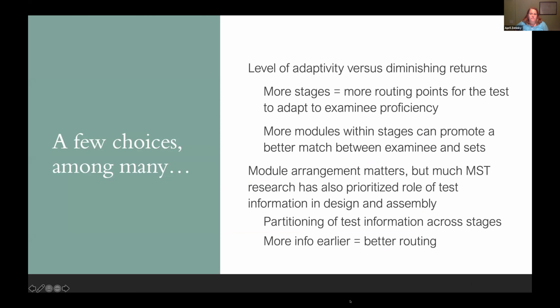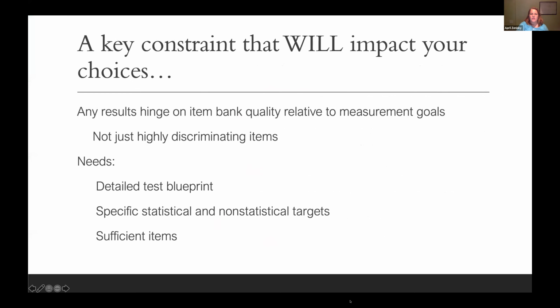You could have more or fewer modules within a stage to get a better match between the examinees and the item sets. But do you need that? It really goes back to what you are trying to do. You can choose where to put your information. Do you want that earlier in the test or later or equally distributed across the different stages? Again, it depends on what you would like to say.